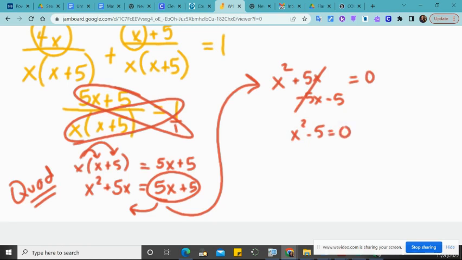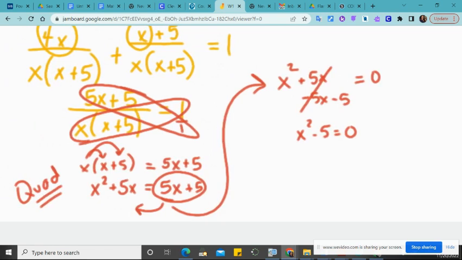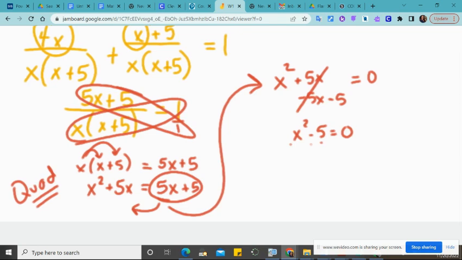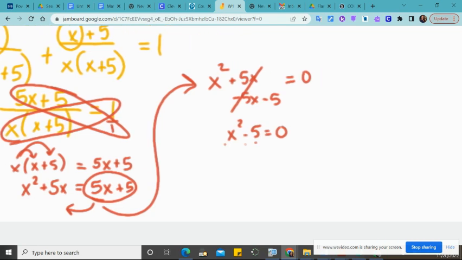So we have options at this point. You could do the quadratic formula. Your A would be 1, your B would be 0, and your C would be -5. You can do that. Since there's no B, there's no linear term, then I'm going to use the square root method.